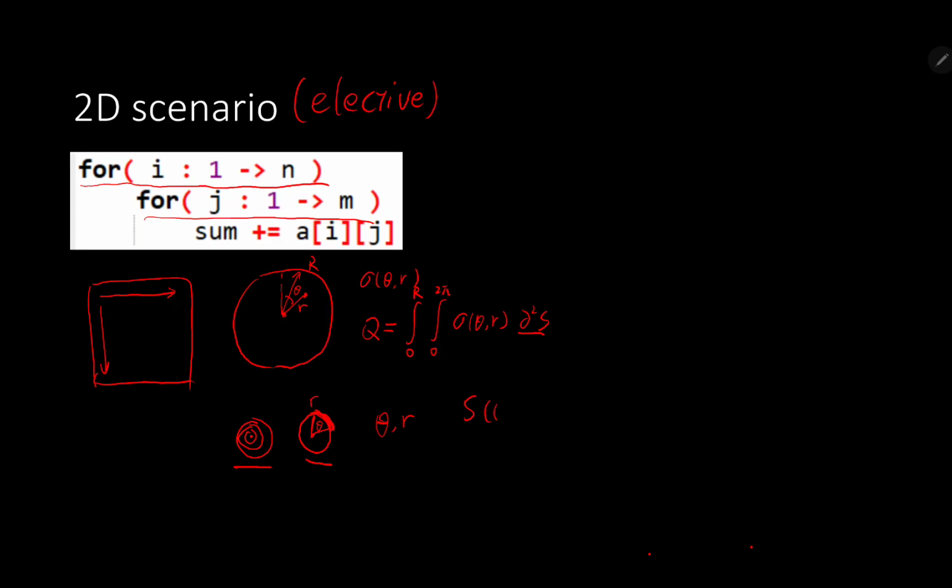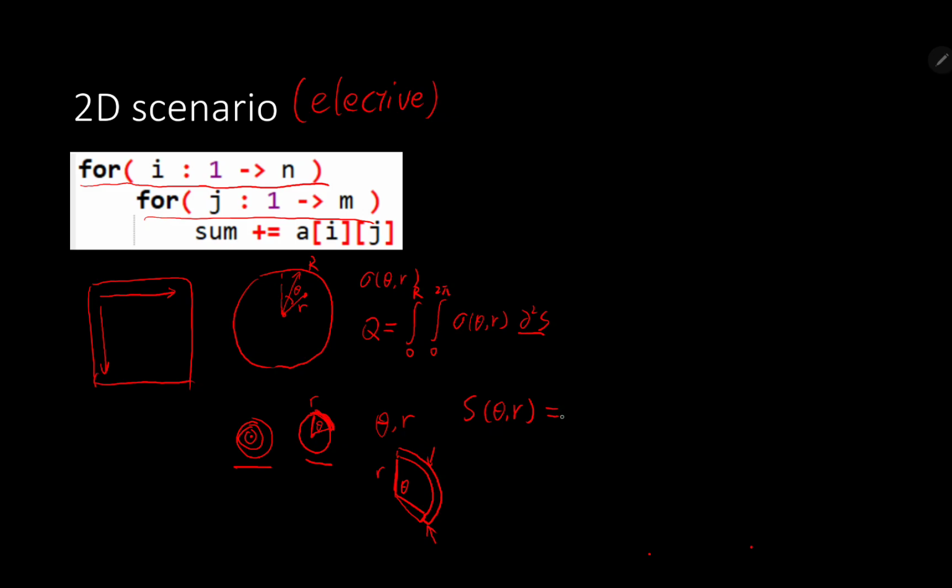So s of theta and r is actually the area of a sector with radius of r and the angle of theta. Because when we are trying to add theta a little bit, what we are doing is exactly adding the next term in a clockwise way. And when we add r a little bit, this is what we exactly want.